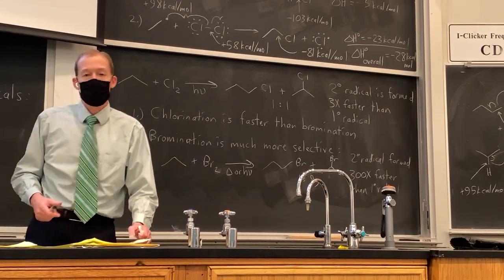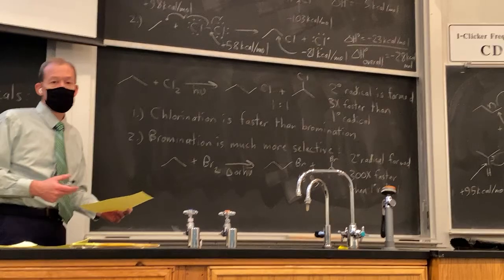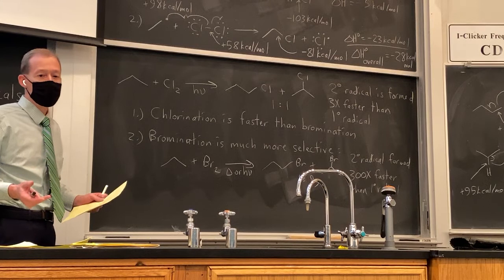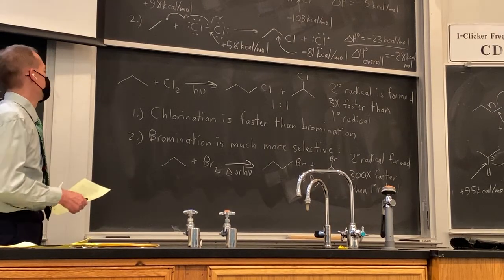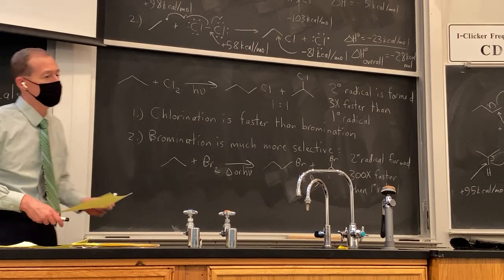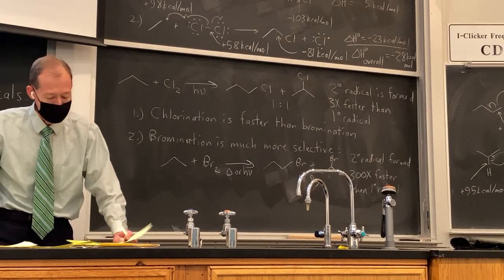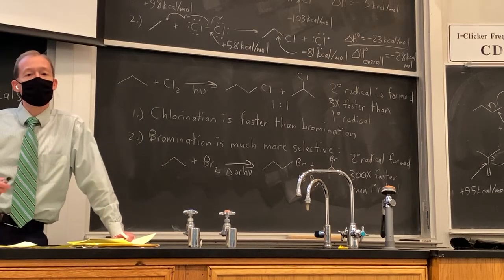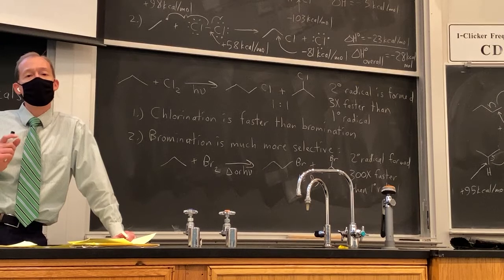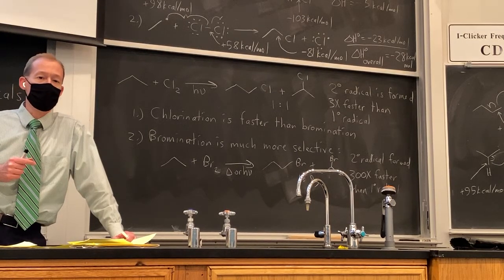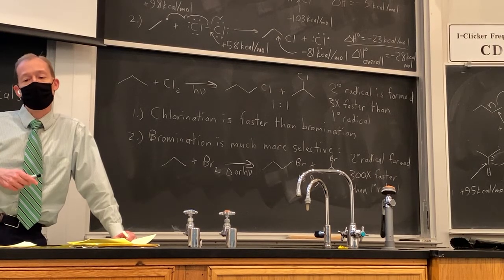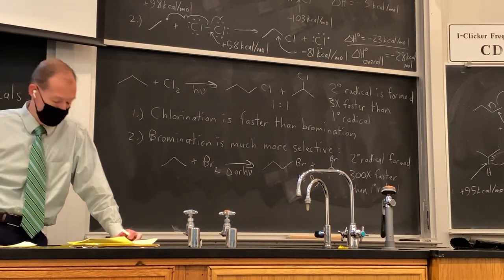Okay, so the overall process of bromination is still exothermic because the second propagation step is exothermic. It's only the first propagation step, as we've drawn over here, being endothermic. Okay? So this also explains why the bromination is slower than the chlorination because the activation energy for the first propagation step is higher than the activation energy for the first propagation step in the chlorination. Okay?